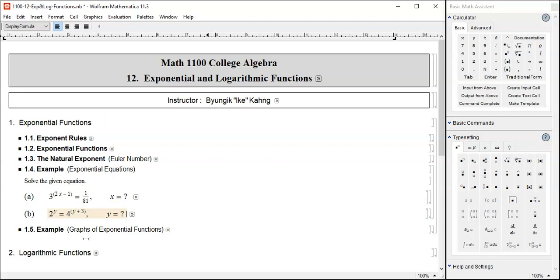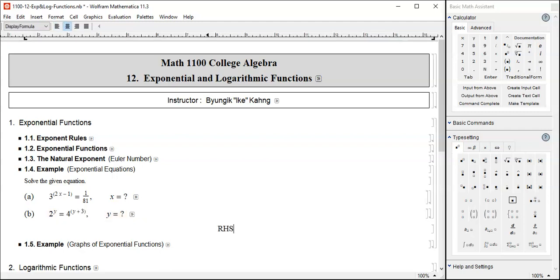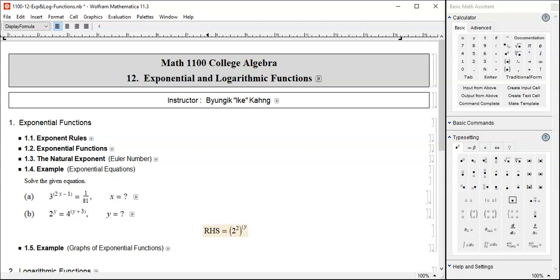Let's go ahead. This 4 can be written as 2 squared. So the right hand side can be written as 2 squared to the y plus 3 power.